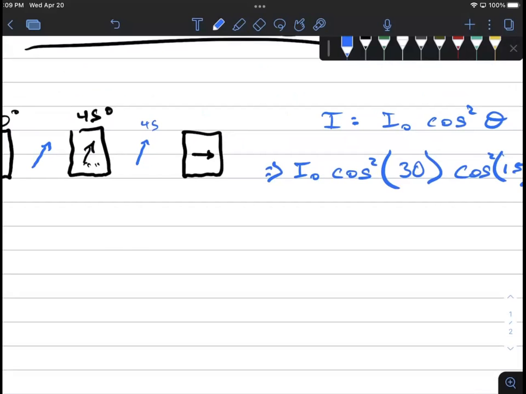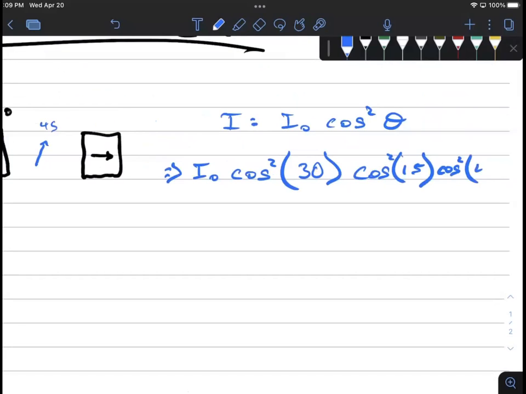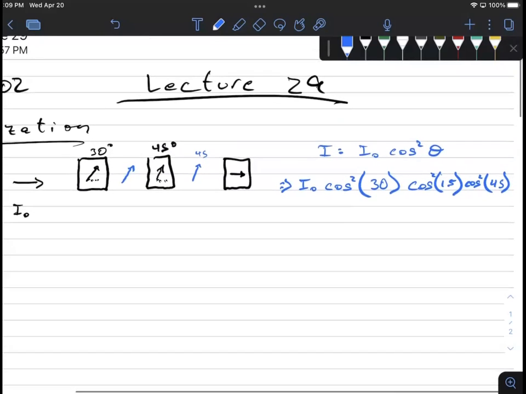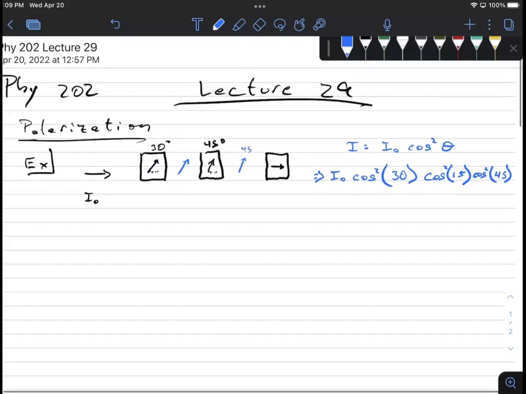So 45 to 0 is a difference of 45. And so there we go. My light has now made it all the way through. It started horizontally, it made it through the first, then the second, then the third, and I'm now all the way through. And so to figure out the intensity of the light that makes it through, all I have to do is multiply these terms out.